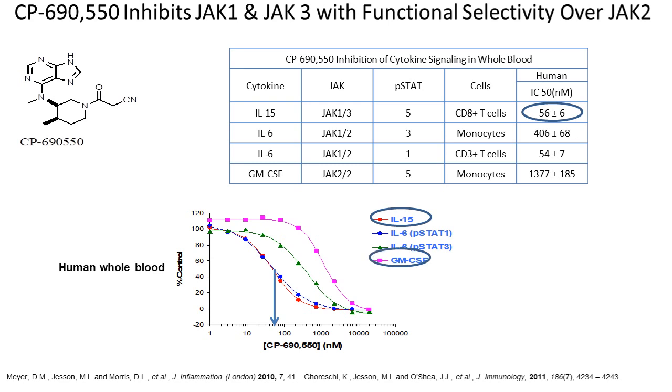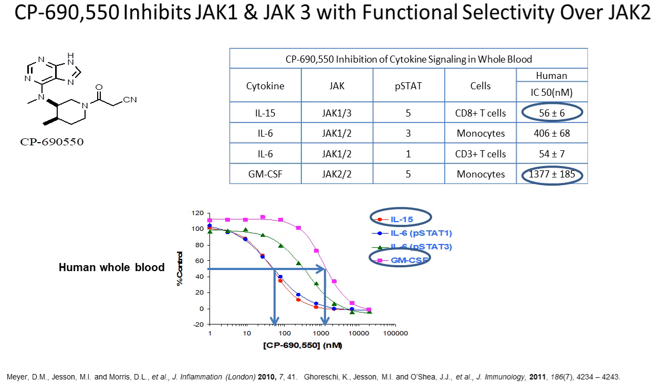When we look at the GM-CSF, which is a growth factor that requires JAK2 and JAK2 on monocytes, the 50% inhibition now requires 1,377 nanomolar. A significantly higher amount would actually inhibit this JAK2-JAK2 pathway. So this particular example will show you that when you talk about a JAK inhibitor, it all depends on the dose.